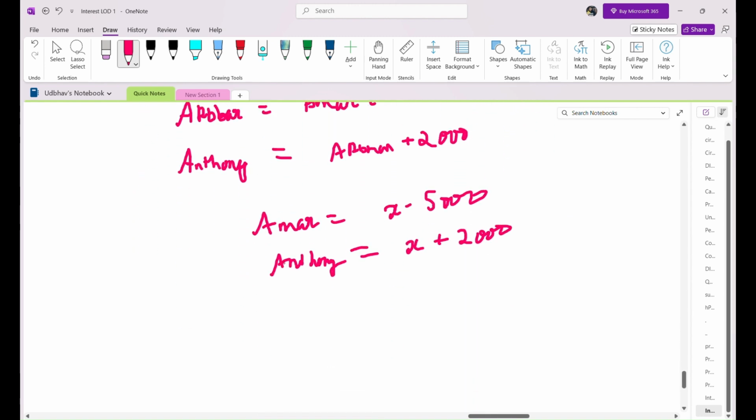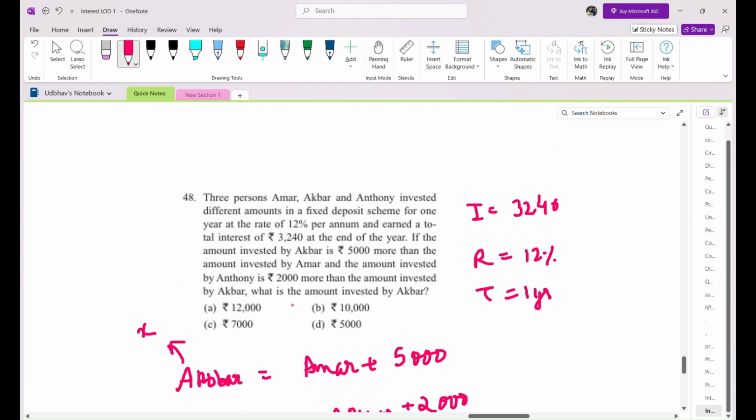Here we just have to find the total interest, and since nothing is given, maybe simple interest only.